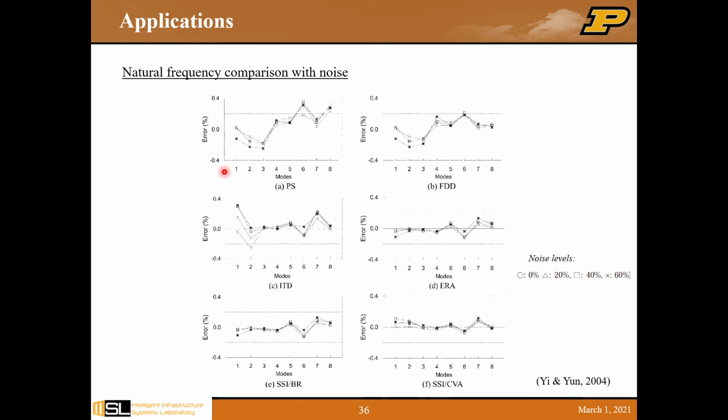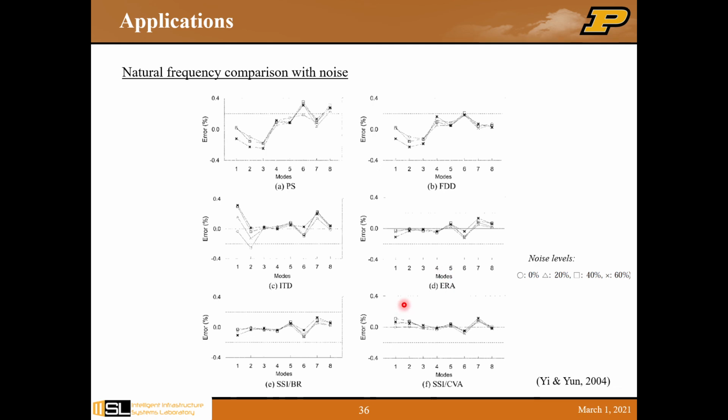The x-axis shows the mode number, and the y-axis shows the accuracy, the error. As you can see here, both frequency domain methods did not do a good job in terms of accuracy for the first three modes, and also for ITD as well. For ERA and SSI, they did quite a good job.